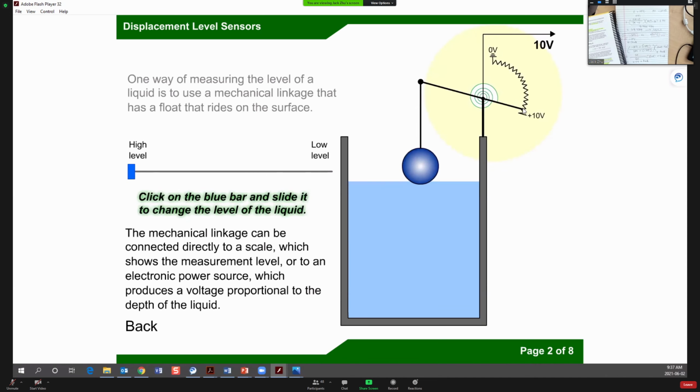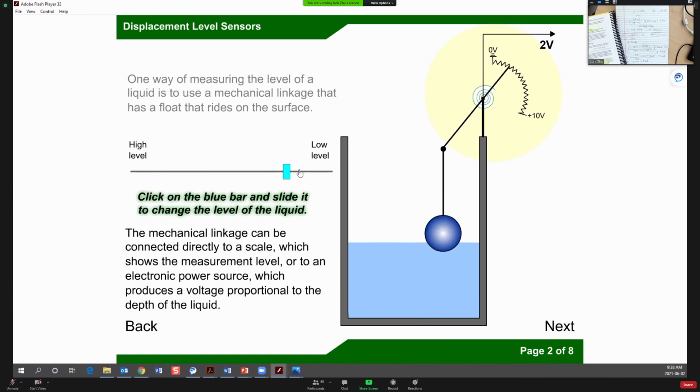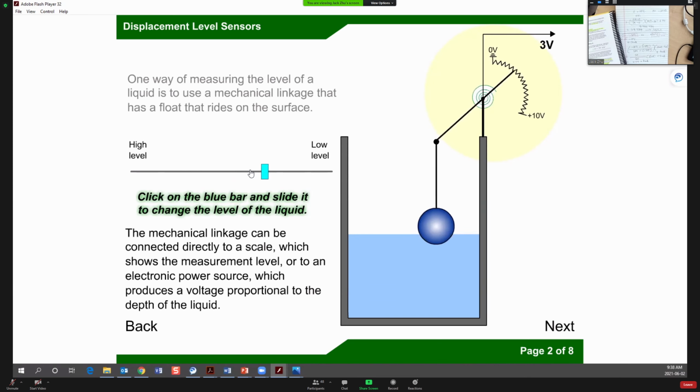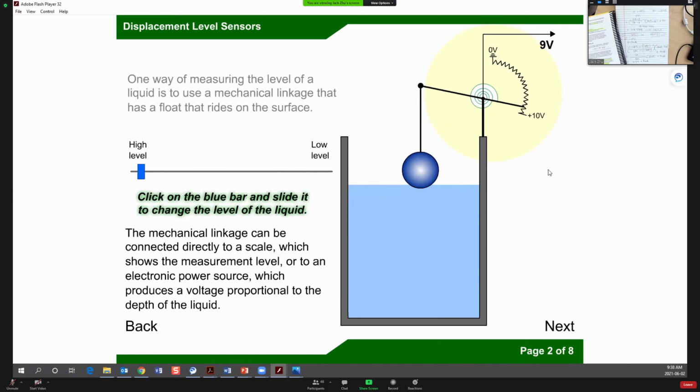So instead of using the scale, we can use a variable resistor, and with a supply source down there, we can tell by the output voltage, converting that into an electrical signal. So this is adding a secondary element, so we can get a 0 to 10 volt signal output.